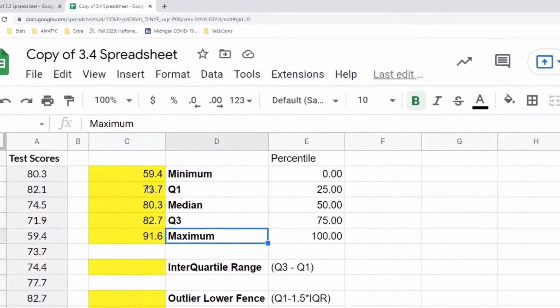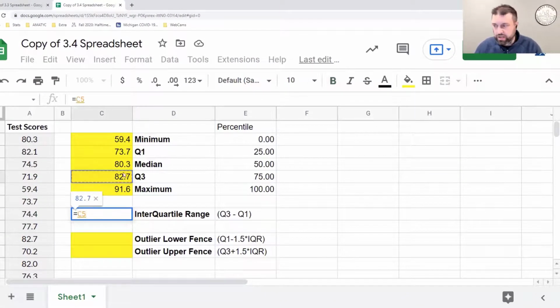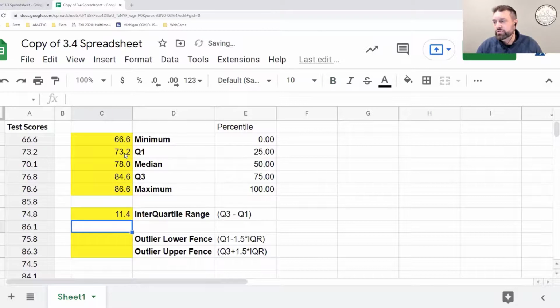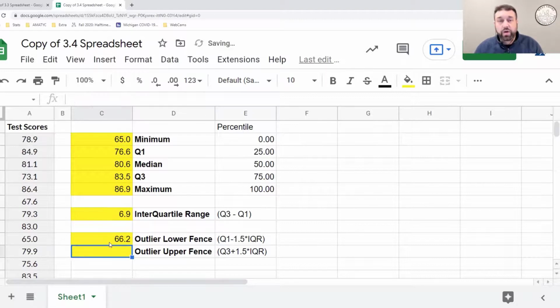We then find the interquartile range by subtracting Q1 from Q3. So there's our IQR. And then finally, the last move, where are our outlier fences? So for our lower fence, we're going to say Q1 minus 1.5 times the IQR. So any score below 66.2 is an outlier.